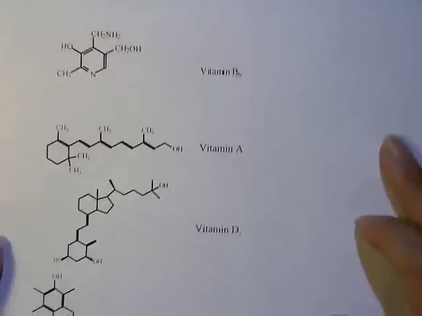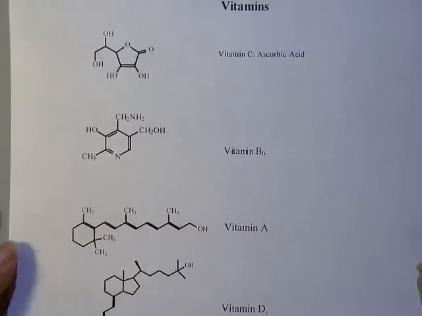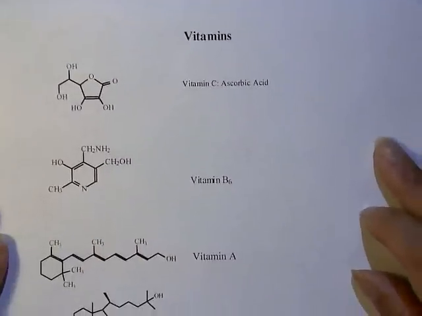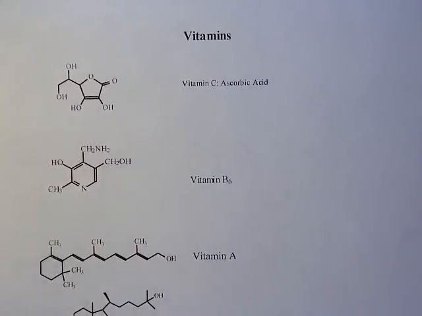So if you take a look at these structures, which ones do you think are going to be water soluble? And in order to answer that question, you should remember the rule of thumb, which is the solubility in water is for every polar group, if you have 5 carbons or less, they're going to tend to be water soluble, but anything exceeding that is going to be fat soluble.